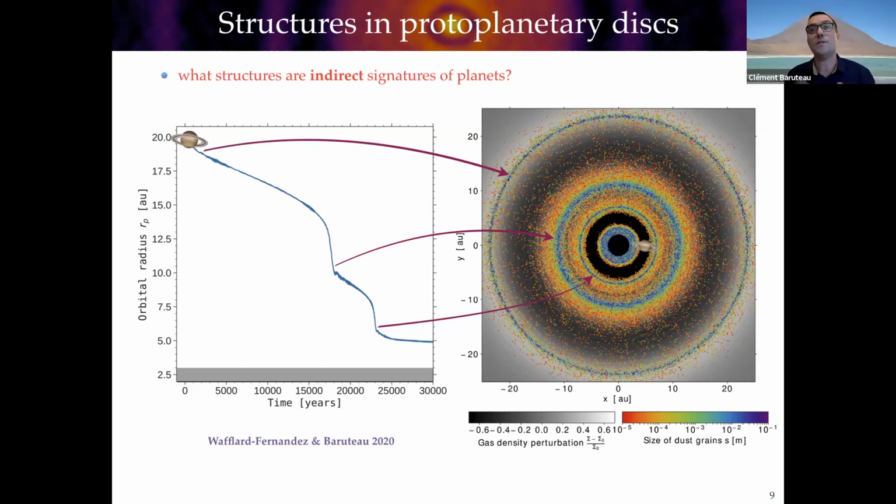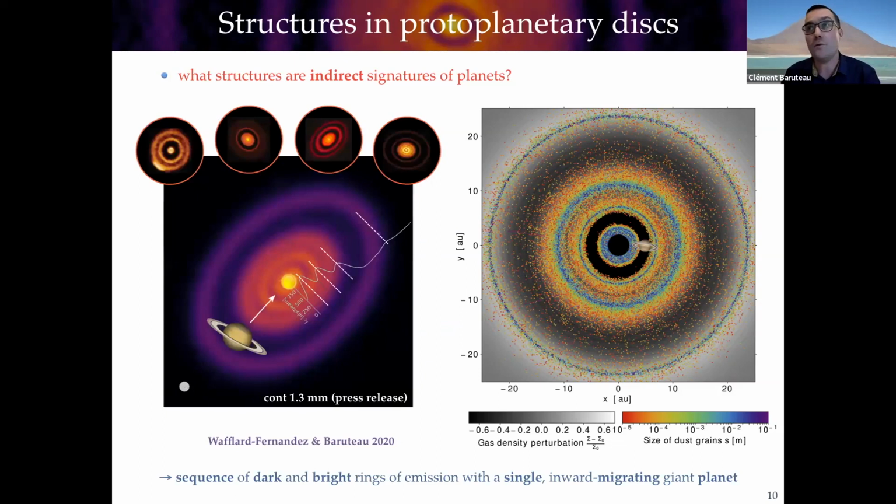So the idea with this scenario is that with a single inward migrating planet, we can actually create several dust rings with just a single planet that migrates in a discontinuous way. And so we predicted what the dust continuum emission would look like in this scenario.